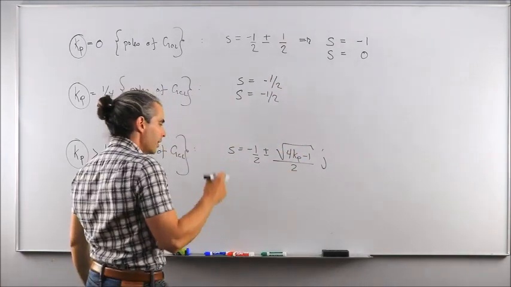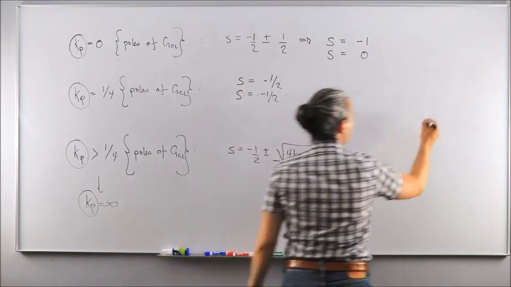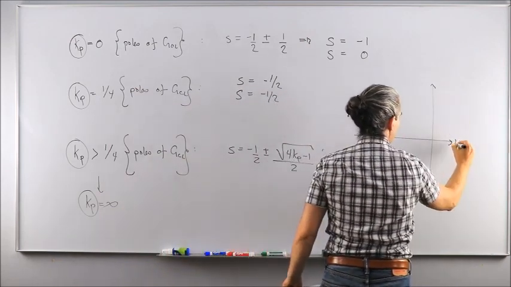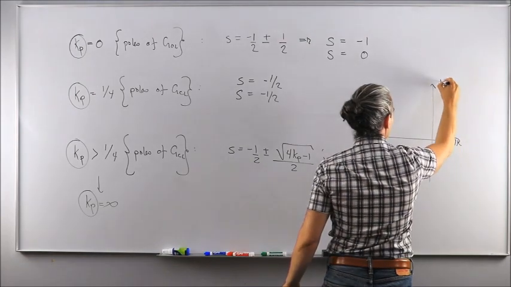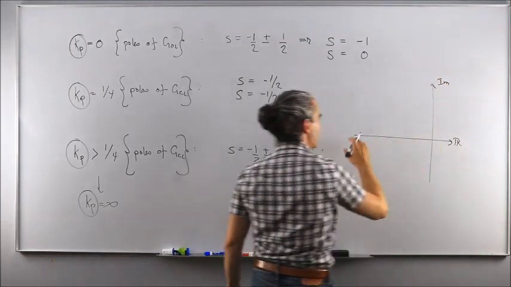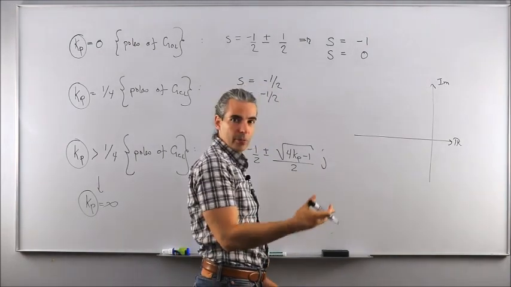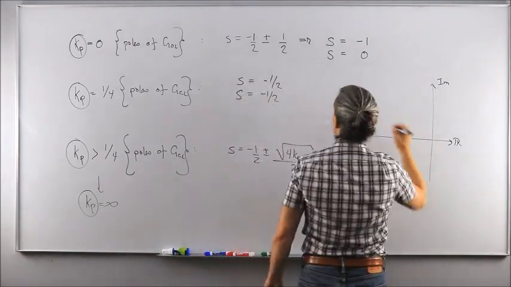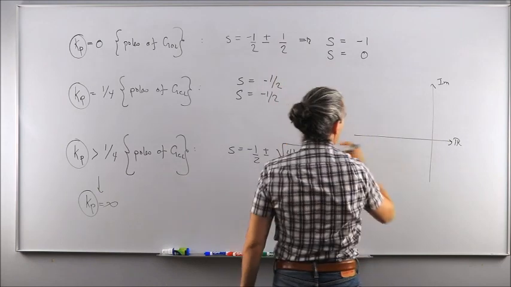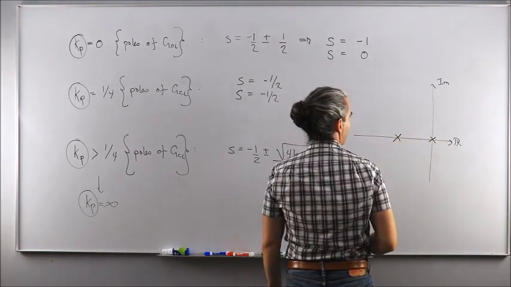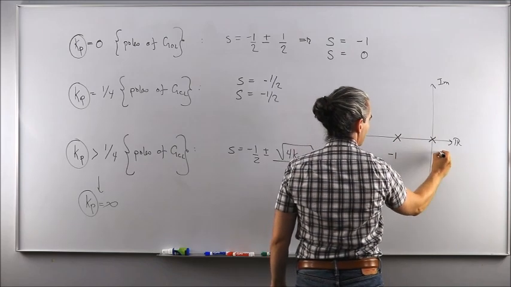So if you were to draw this on the complex plane, you not only now draw pole locations, but you want pole locations as a function of Kp, so that you get essentially a map, okay? And you start at Kp equals 0, or you start at your open loop transfer function, -1 and 0.